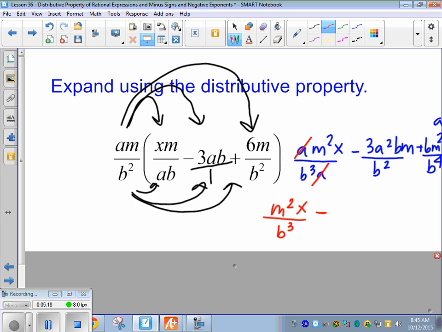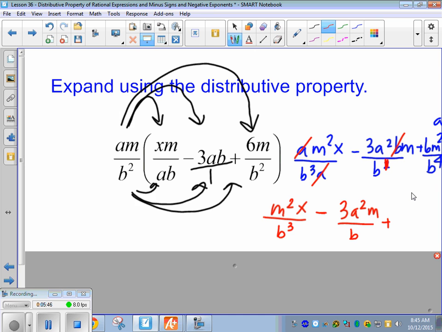Don't forget about our negative. Bethany, what can we do on the second piece? Yep. Okay, so I'm going to have 3a squared m over b. So we got rid of one of the b's in that term. All right, finally, who can tell me what cancels out in this last term that's written really badly, poorly?